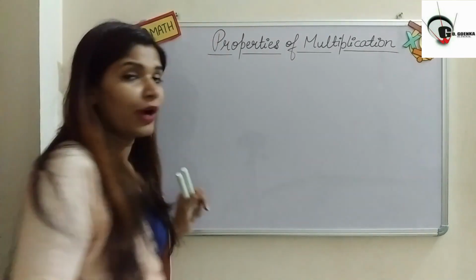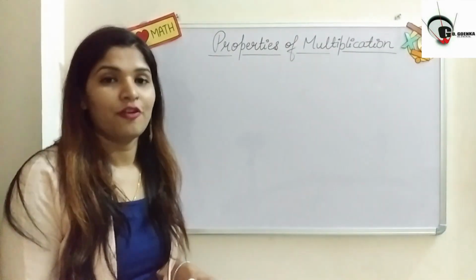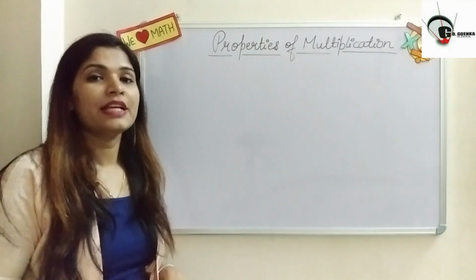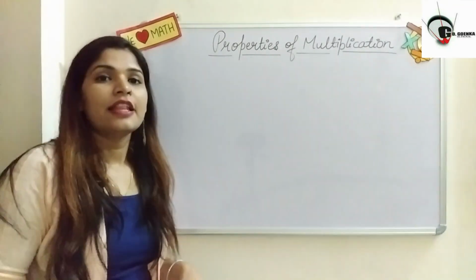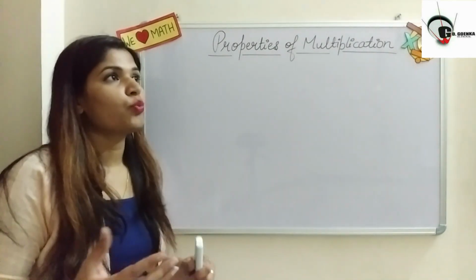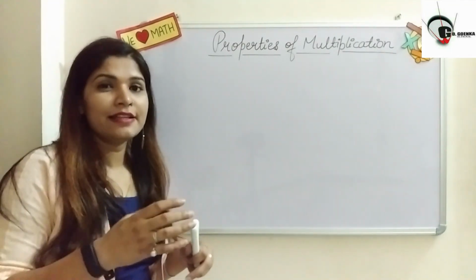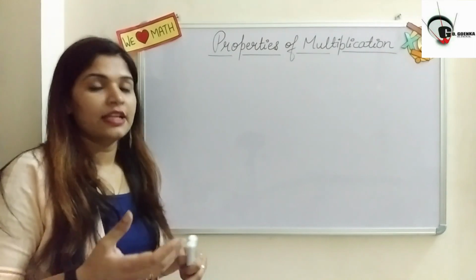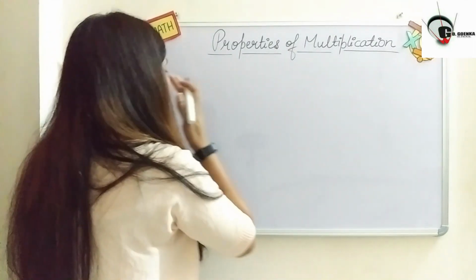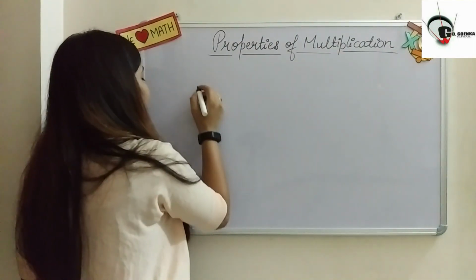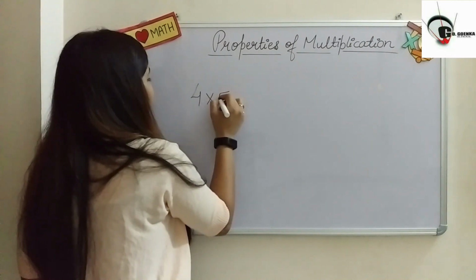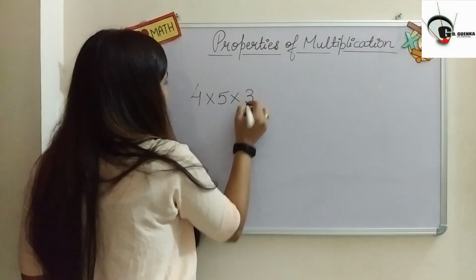The next rule is quite similar to the grouping of addition. Similarly here, when we are going to multiply some numbers in particular groups, I have an example: I am multiplying 4 into 5 into 3.